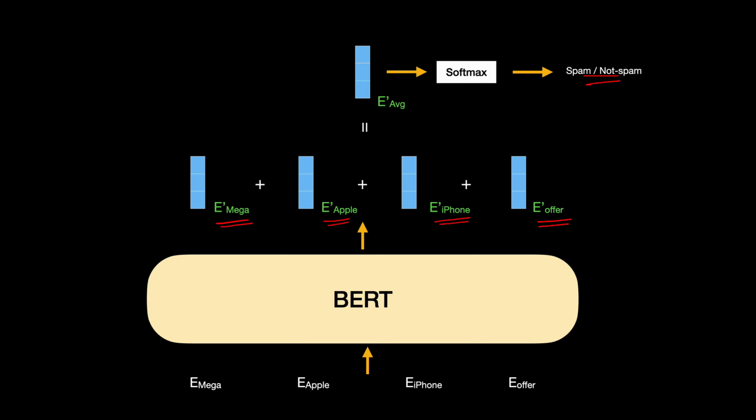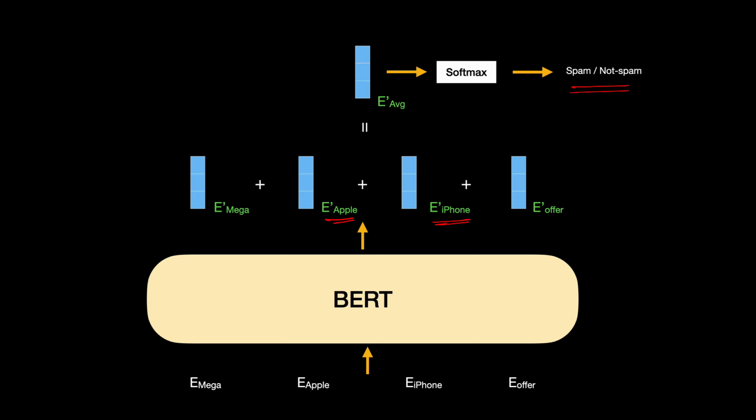It captures the similarity, and based on this similarity, the weightage of the relevant context is decided. For example, if there is a strong dependency between the words Apple and iPhone, then to generate the new contextualized representation for Apple, I will be adding a higher weightage of iPhone and lower weightage of words like offer and mega. And we just want to do a similar thing over here, but for the spam and not spam classification.